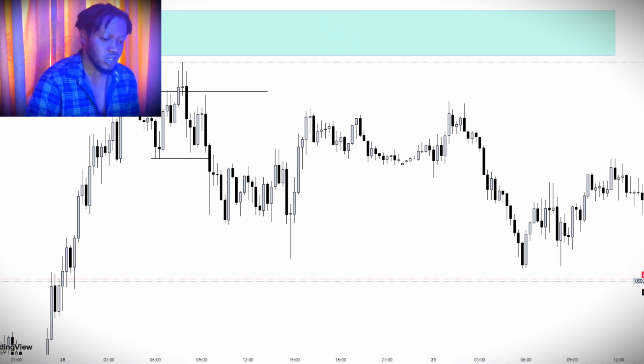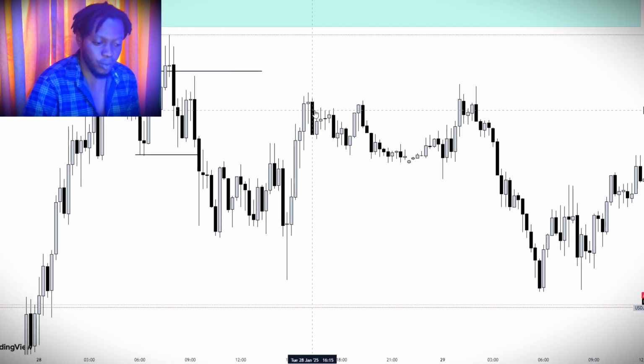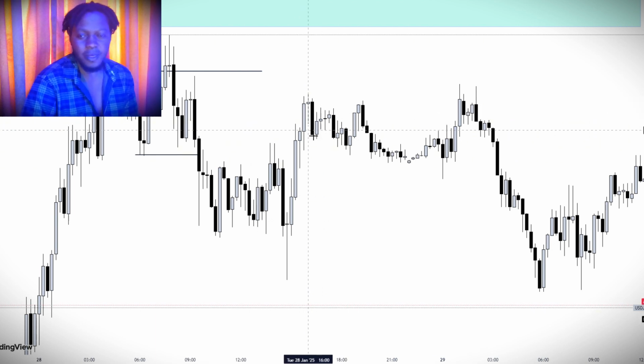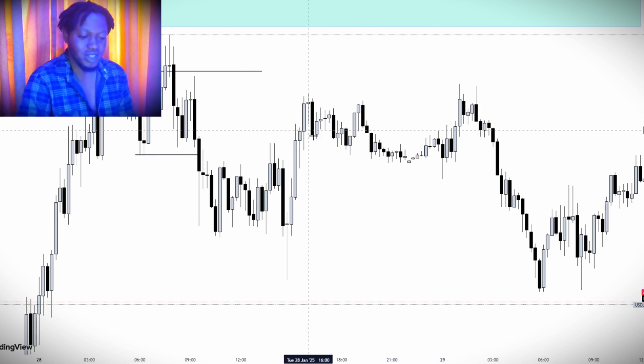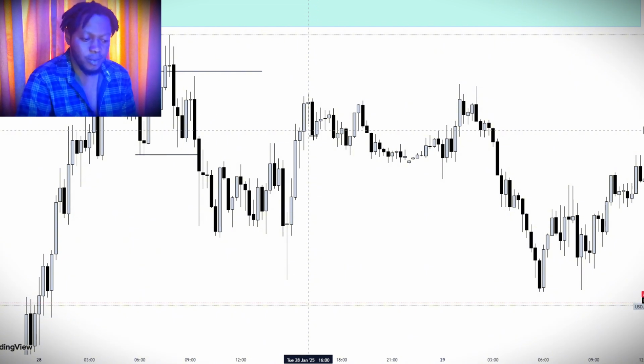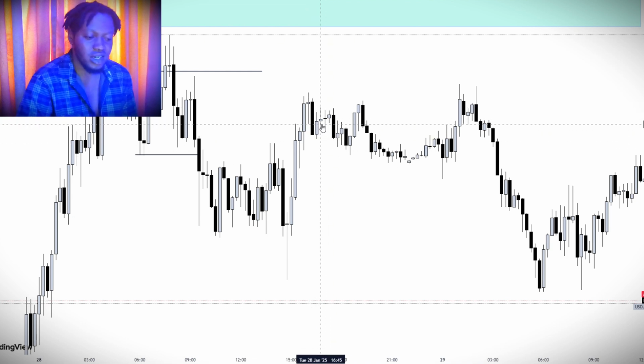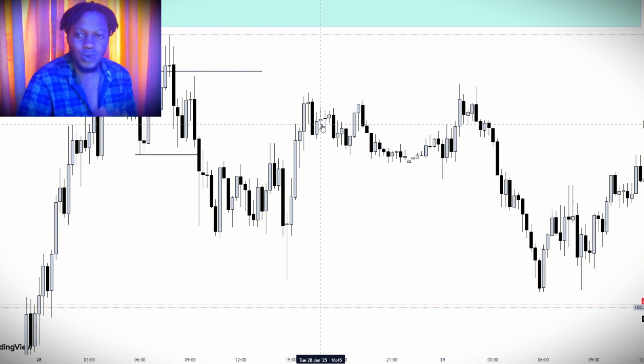Guys, look at this candlestick. This candlestick is very popular. This three-candlestick pattern is very popular. If you have been trading and you don't know these three candlesticks, then you have to go study them, because they are very popular. Anytime you see something like this at the edge of a supply zone or at any high, just know that price is going to go down.